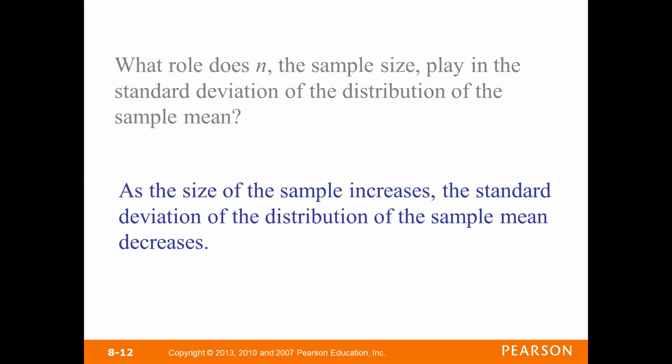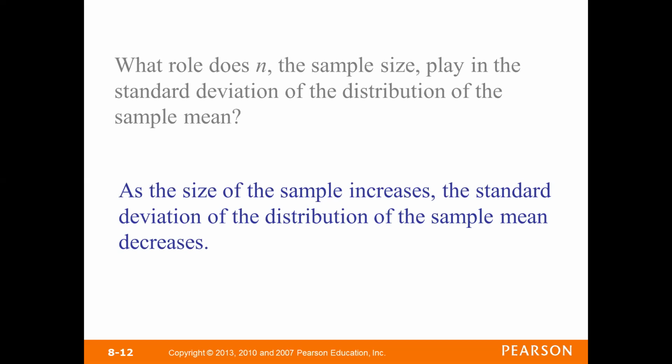However, the larger the sample size I get, the more information I have going into each one of my samples, the less variability I'll see between samples. Again, the more information I have, the better the decision I can make. So I have less variability in my observations.